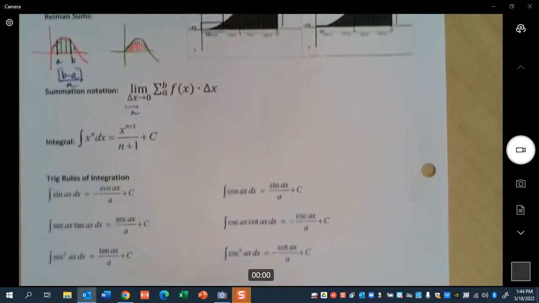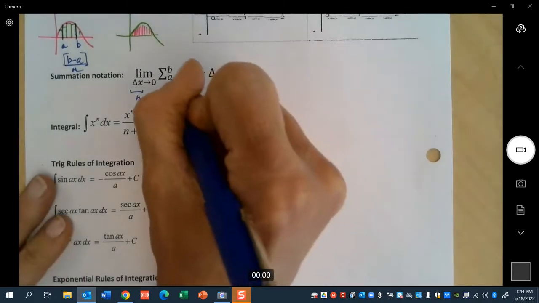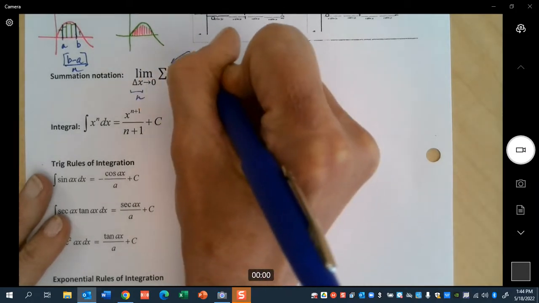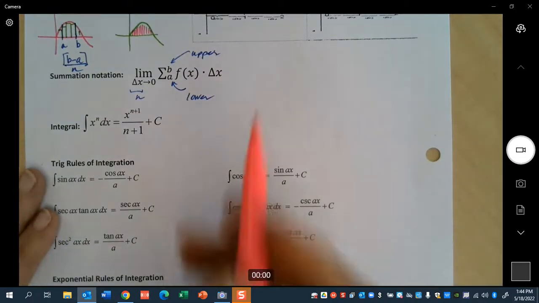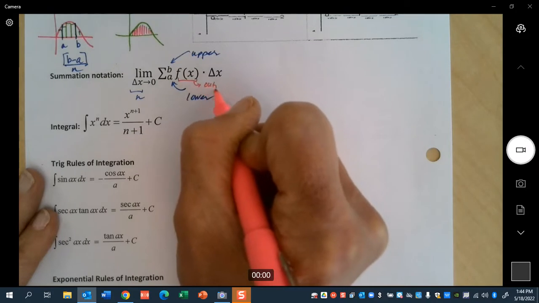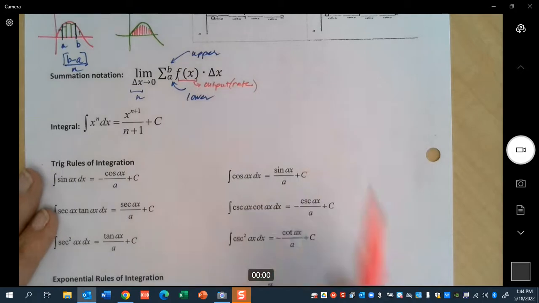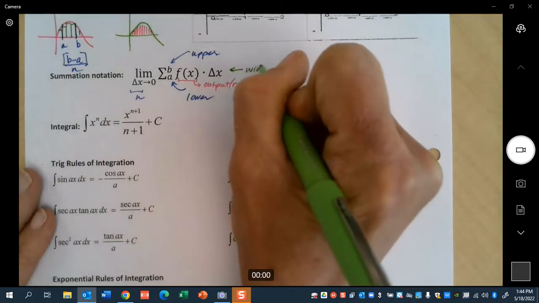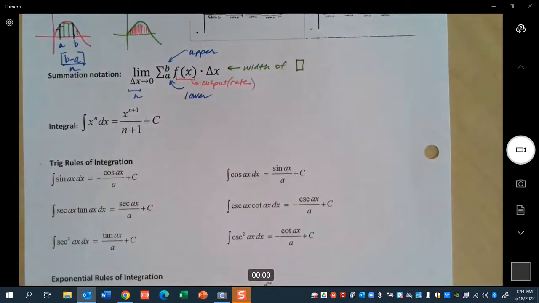So when we talked about this summation notation, this A was my lower bound, this B was my upper bound, and what we're talking about here was this f of x was my output of my rate function, and this change in x was going to be the width of each rectangle.